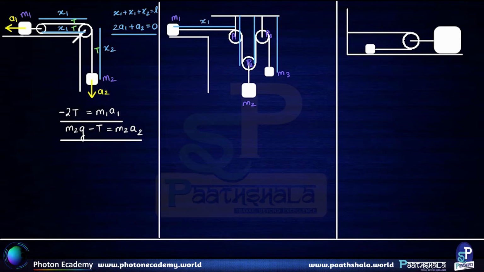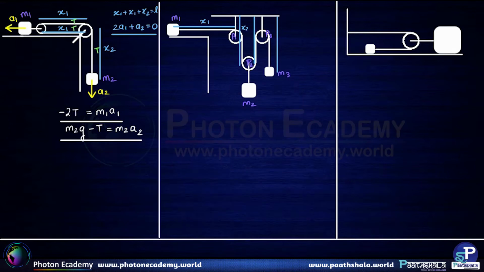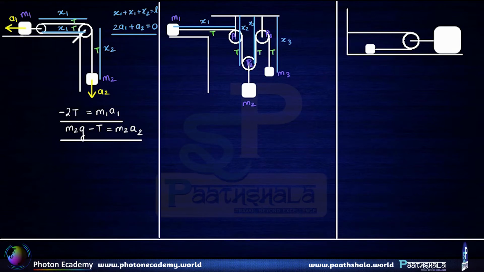So this happens to be x1, this happens to be x2, this happens to be x2, and this happens to be x3. The tension in the string is T, T, T and T because it is one and the same string.